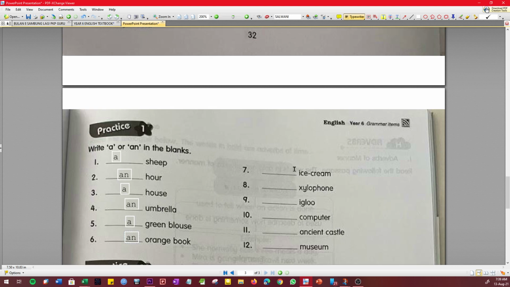An orange book. Ice cream. Ice, E-I-O-U vowel. An ice cream. Xylophone. Xylophone. Igloo. A-E-I-O-U. So, computer. Computer.